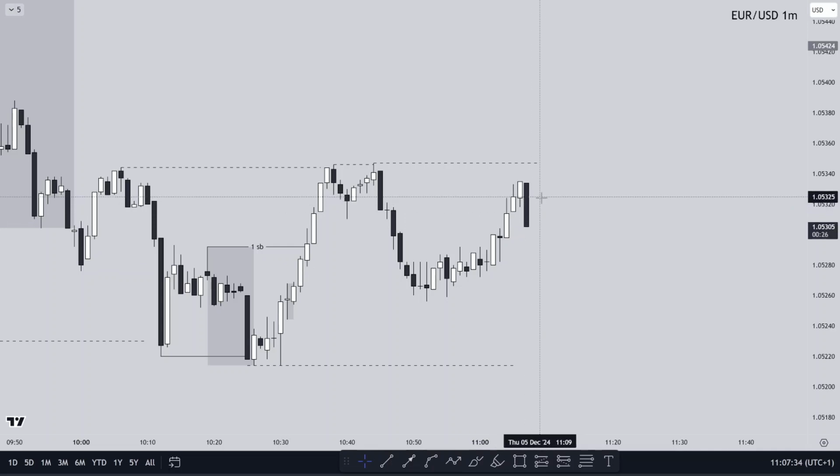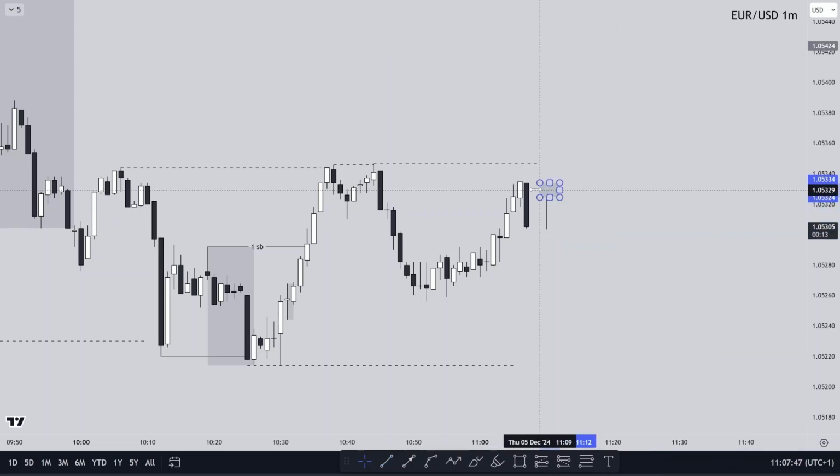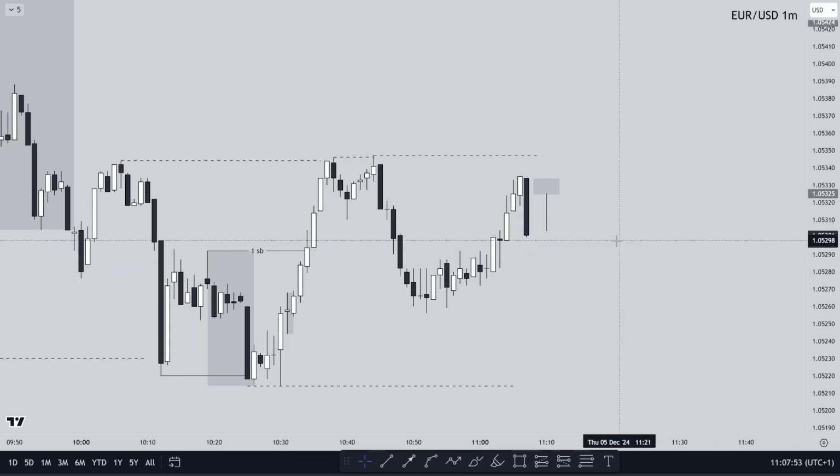So let's see if it closes maybe there, doing something like this. Or if it closes in this way, it's a problem, I mean.